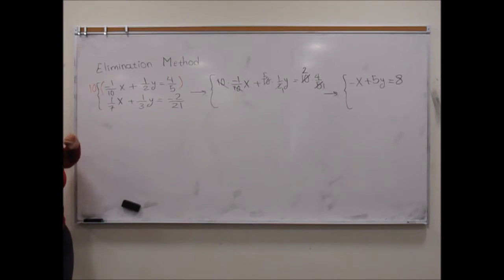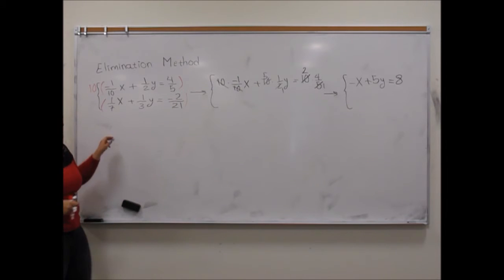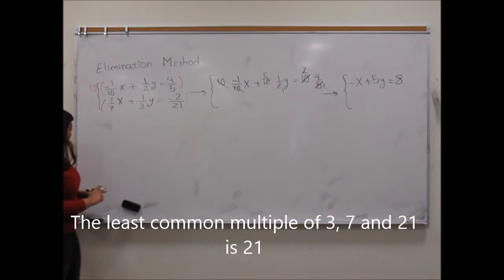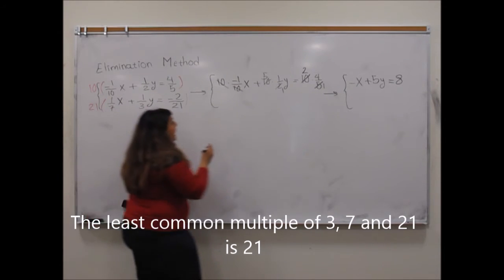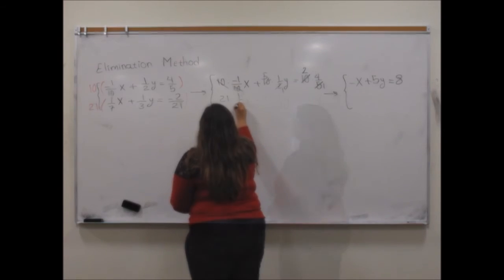Again, I want to get rid of the fractions. So I want to multiply everything by the least common denominator. My denominators are 7, 3, and 21. Just 21. Let's multiply this second equation by 21. I'm going to get 21 times 1/7 x.